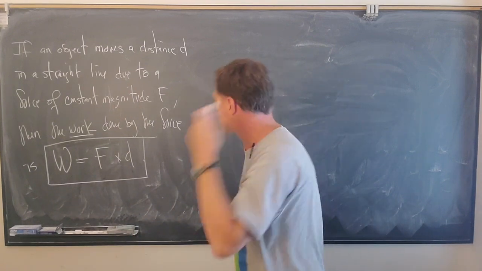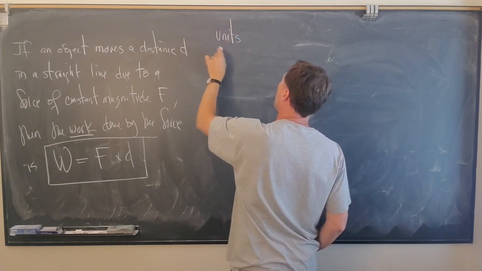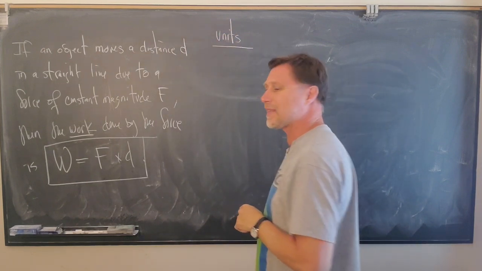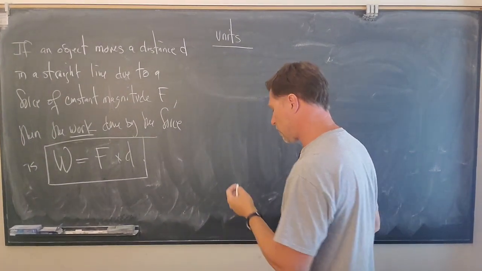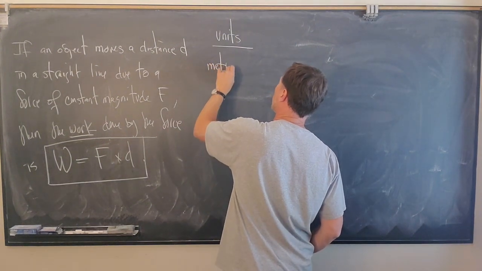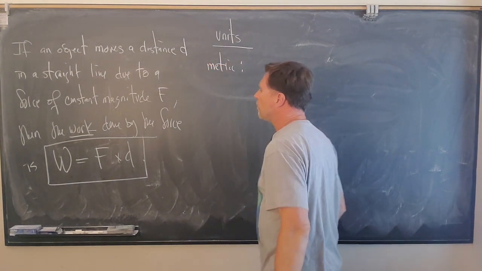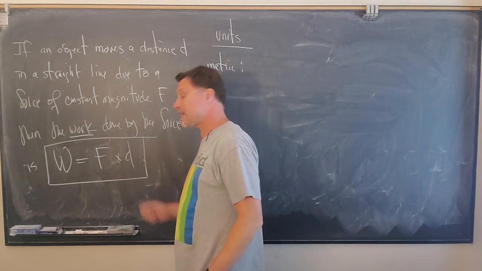Now the units for measuring force depend on whether we're working with the metric system or the US system. So in the metric system, force is typically measured in newtons, distance in meters.